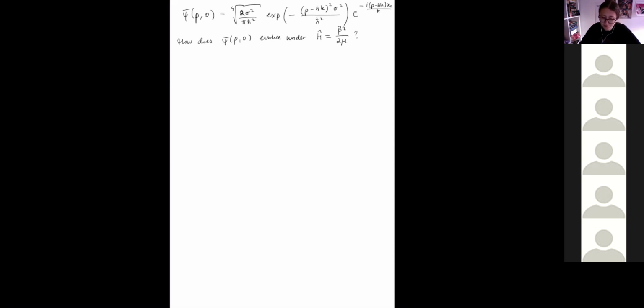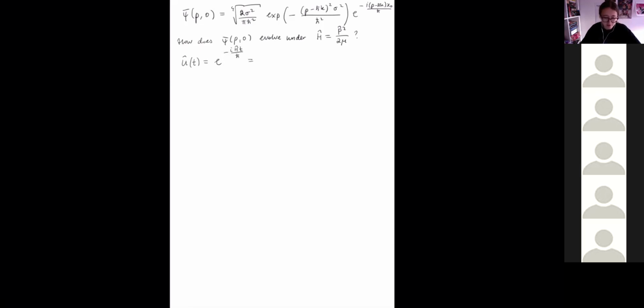Well, from the Schrödinger equation, we know that the evolution under this Hamiltonian corresponds to the following unitary: U(t), which is e to the power minus iHt over ħ.